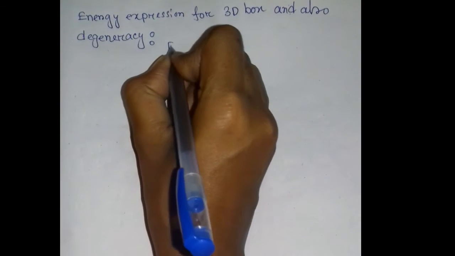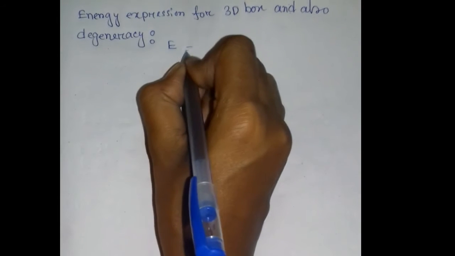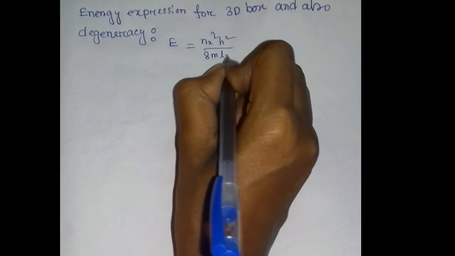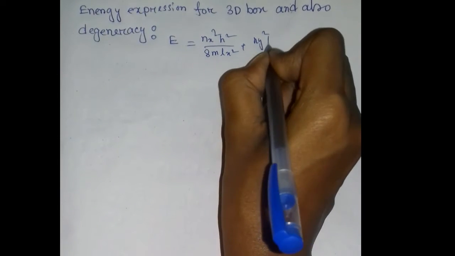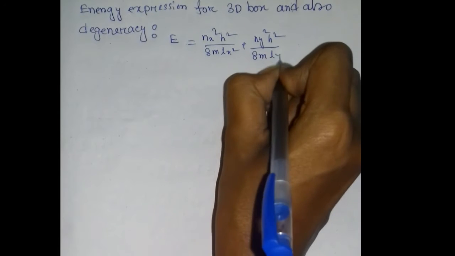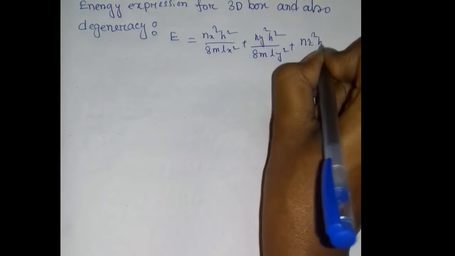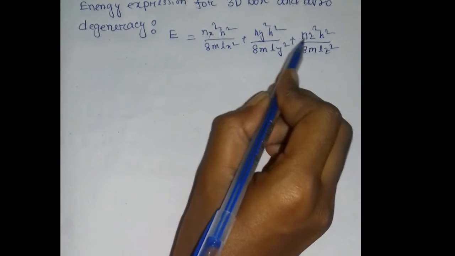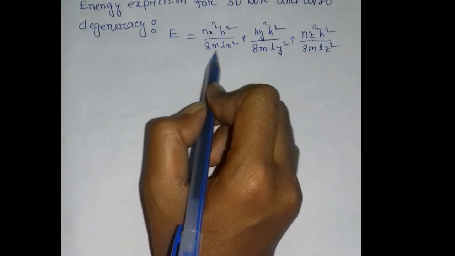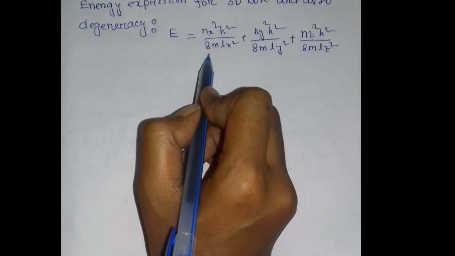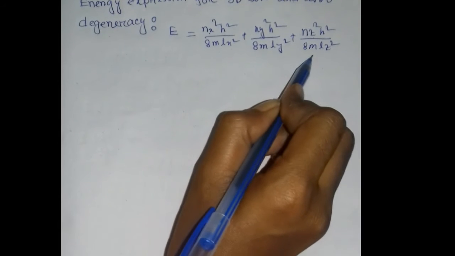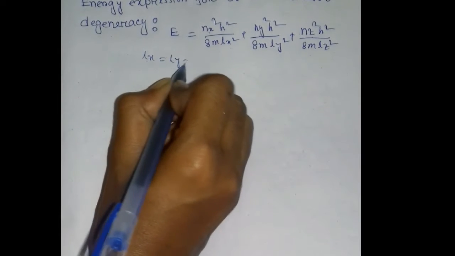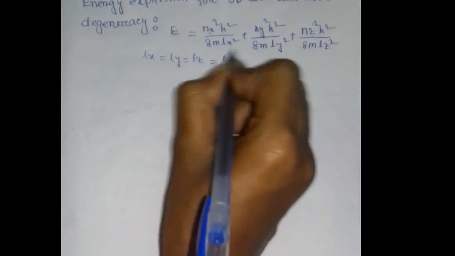The energy expression for the particle in a 3D box is E equals nx square h square by 8m lx square plus ny square h square by 8m ly square plus nz square h square by 8m lz square, where nx, ny and nz are the quantum numbers and lx, ly and lz are the lengths of the box along the x-axis, y-axis and z-axis.